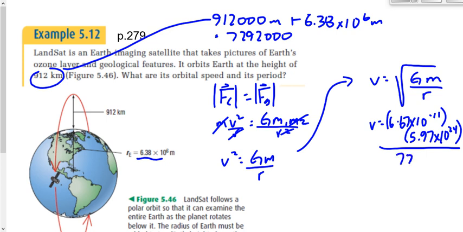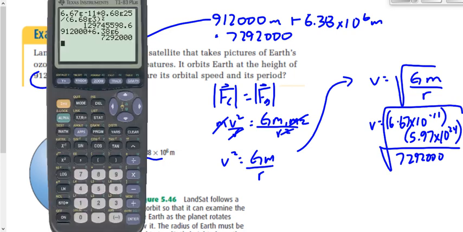So let's put that in there, 7,292,000, and we've got to square root all that. So let's say 6.67 times 10 to the minus 11 times 5.97 times 10 to the 24, and then divide that by the number that we got there. And then, of course, we have to square root that.